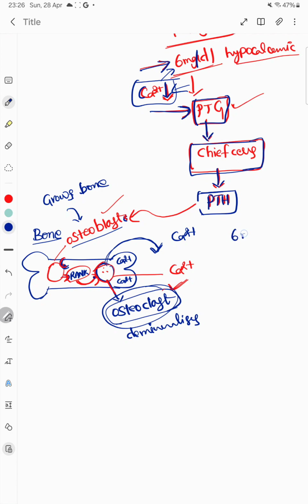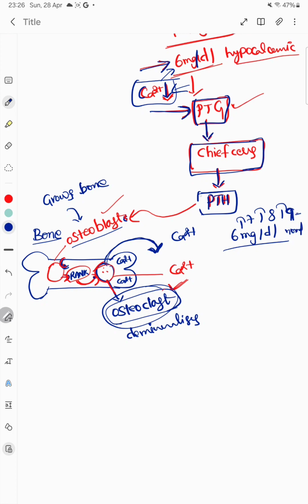So already you have low calcium level, which is 6 mg per dl. Now this bone is releasing calcium, and what happens? The calcium is now entering into the blood. So now this 6 goes to 7, 7 goes to 8, 8 goes to 9, and automatically the calcium level is normal now.